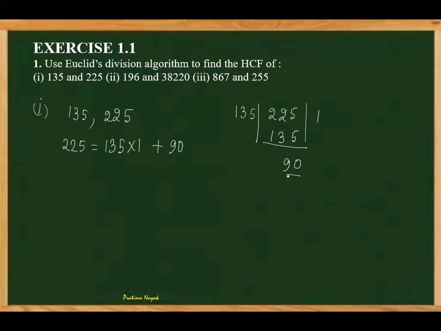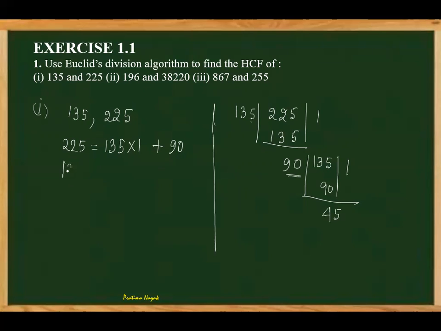Here the remainder is not equal to 0. Then I'll go for the second step. So 135 I'll divide by 90, and I am getting 45. This step I'll write here, because this is the algorithm you have to show in the test.